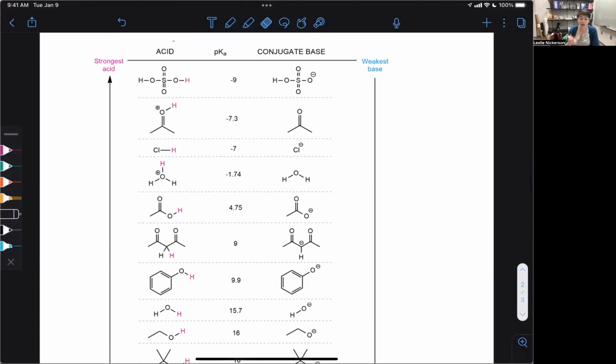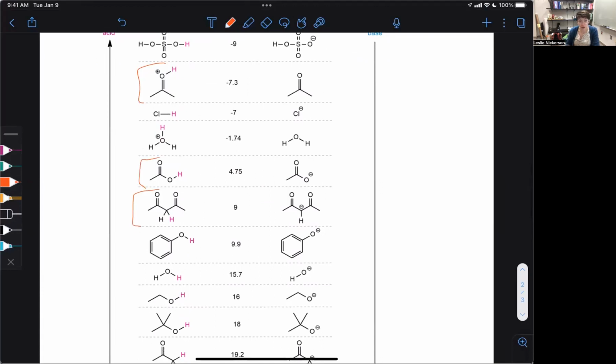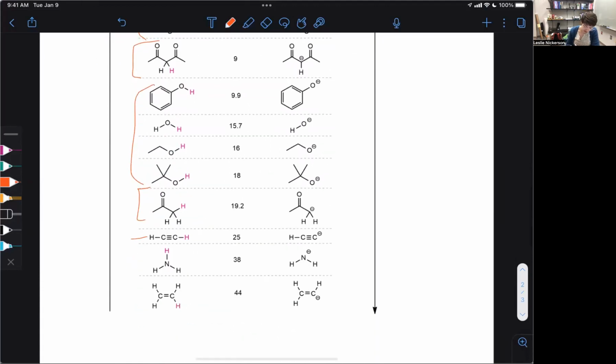But we also have a ketone when it's protonated on that oxygen. We've got carboxylic acids next to ketones or next to 2 ketones. We've got next to 1 ketone. We've got various types of alcohols. We've got alkynes, we've got amines, we've got alkenes.